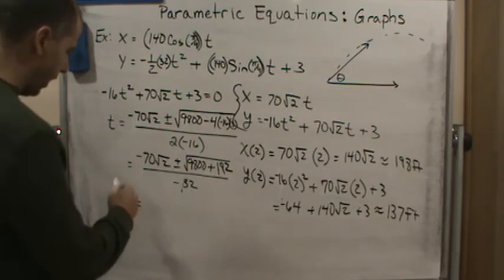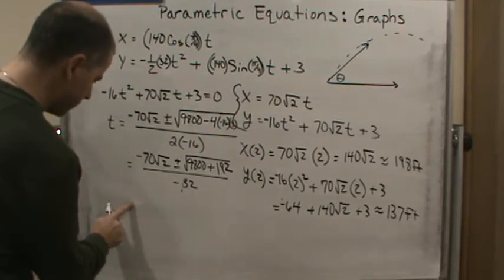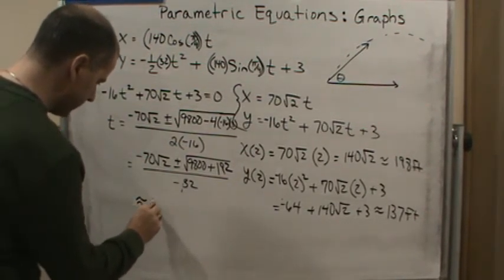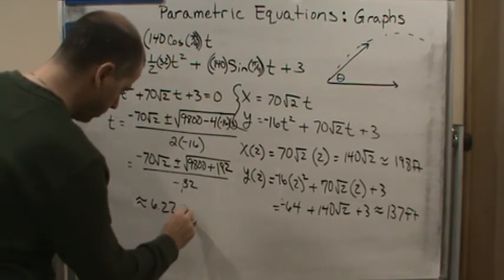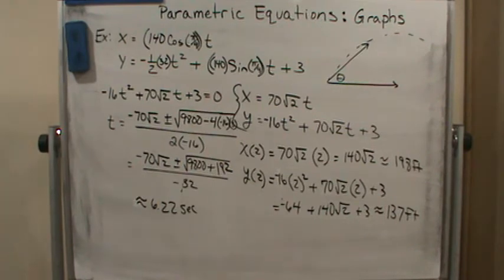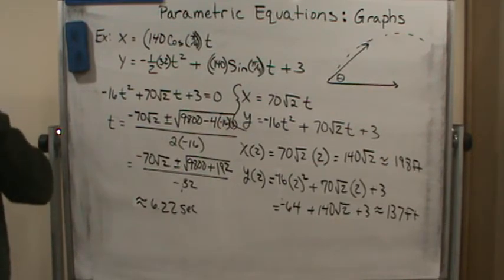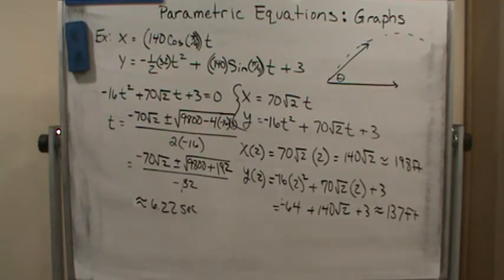So the other value of t we get is approximately 6.22 seconds after the ball is hit. So the ball is going to hit the ground approximately 6.22 seconds after it contacts the bat. Okay, so that answers that question.